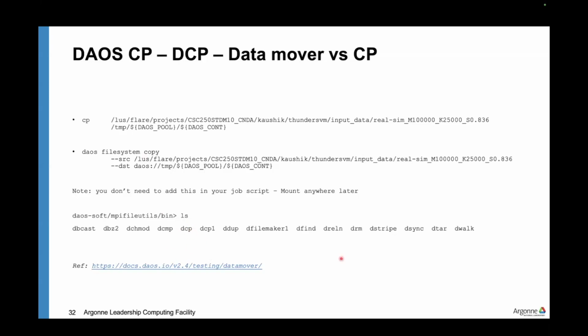And there's also an rsync, dsync, and dtar. These are all under the MPI file utils bin under the experimental category, but you can always use the DAOS filesystem copy, like if you want to move a petabyte from one place to another place, you can use this. And there is also a question on cloning a container. All those details are in this location.